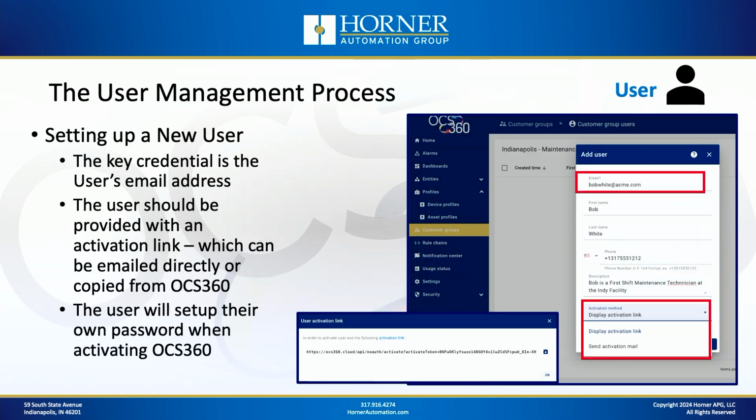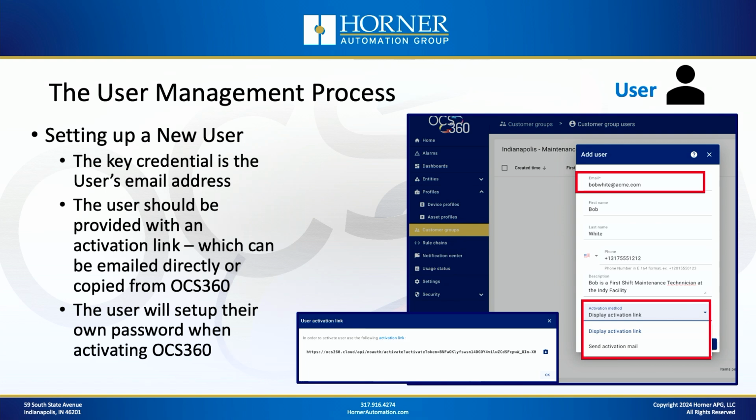Okay, now when you add a new user, the key credential is their email address. Okay, so the most prominent field is that email address. So you're going to add email address, name, phone number, and it should obviously be a phone number that can receive text messages if that is your goal.